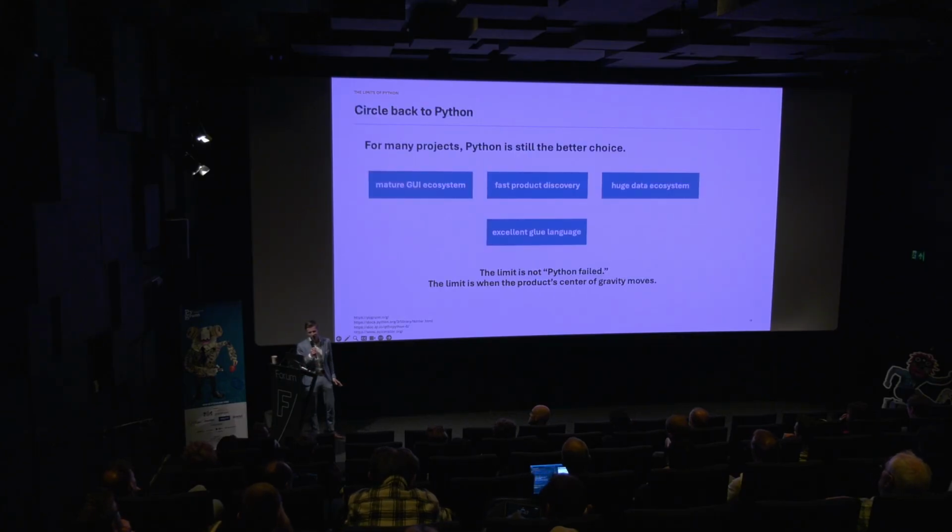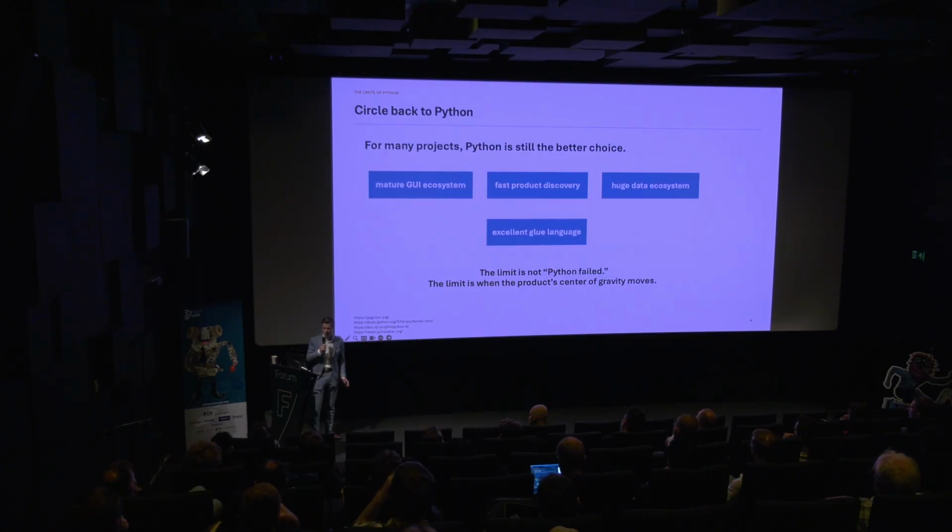But circling back to Python, I would say that I should have stayed with Python for the GUI, because changing something in the GUI is harder now than it was before. And even though updating two code bases seems like a lot of work, with the freedom of Python in the GUI, you have a lot of flexibility.